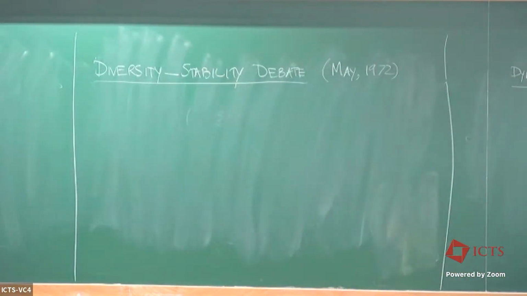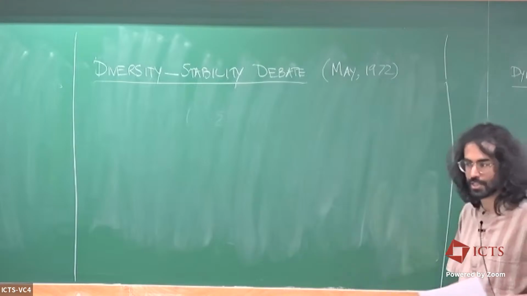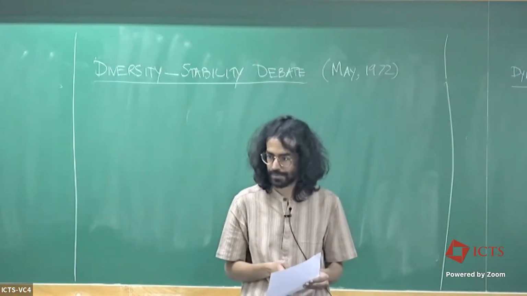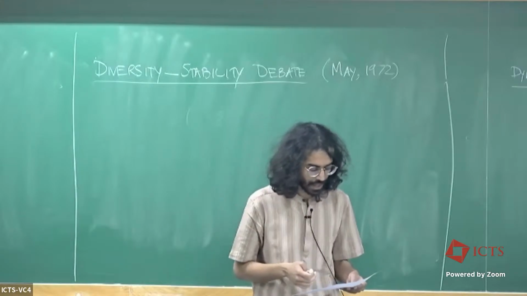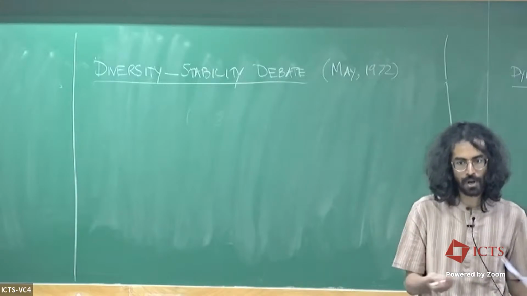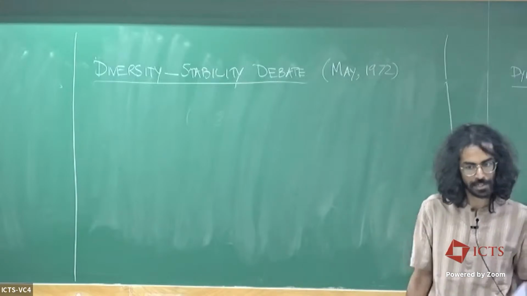Okay. So May was trying to say something about how likely it should be that a given ecosystem with S species can be at some stable fixed point or not. And like we said, he wanted to first ask, okay, what should I do to parameterize this matrix?